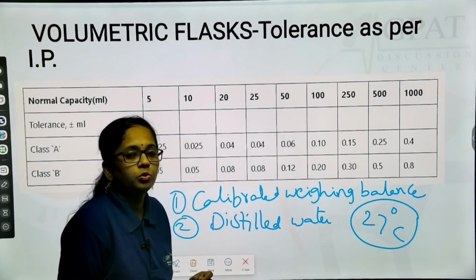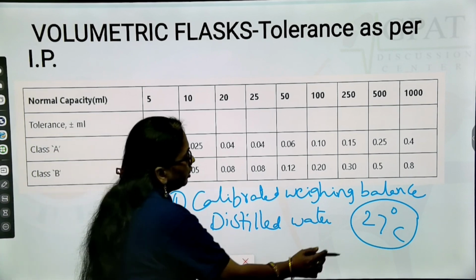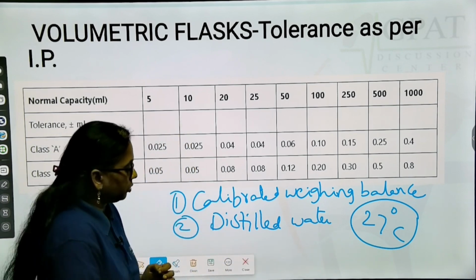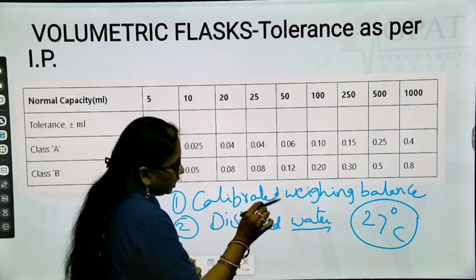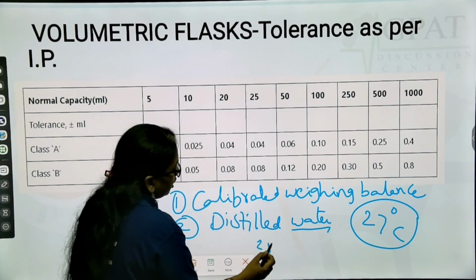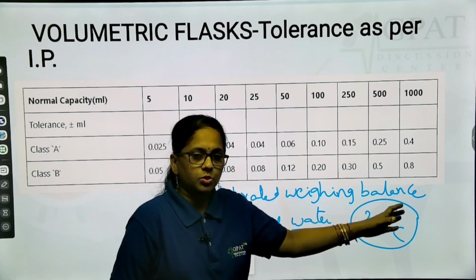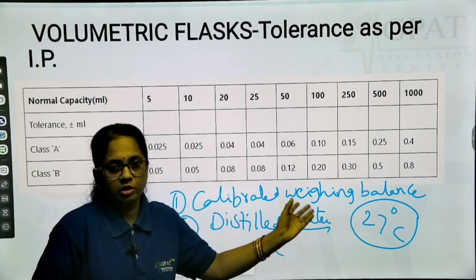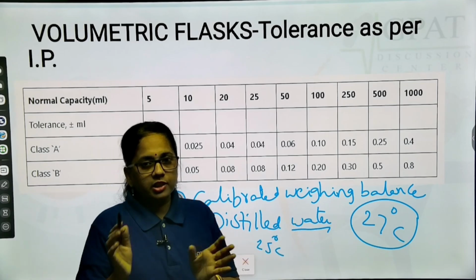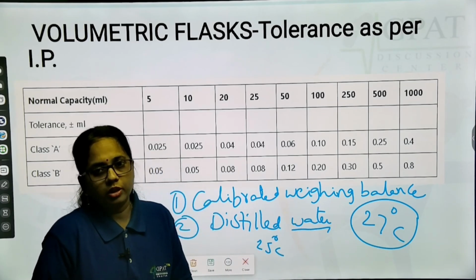So we should have a density chart of the water. In that you should have the information on the density at the working temperature. If your working temperature is 25 degrees, then you should know the density of the water. If the working temperature is 22 degrees or 24 degrees or 28 degrees, you should note the density of the water at that particular temperature from the chart.